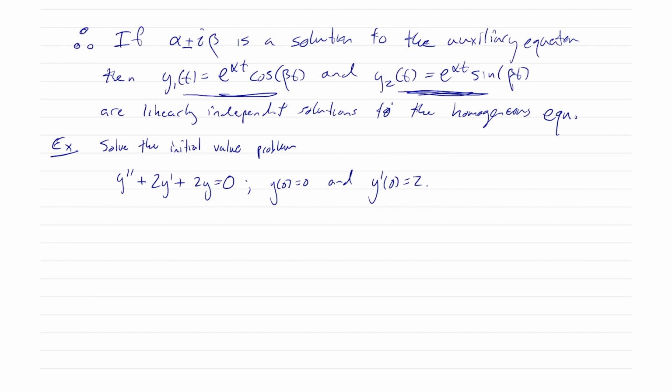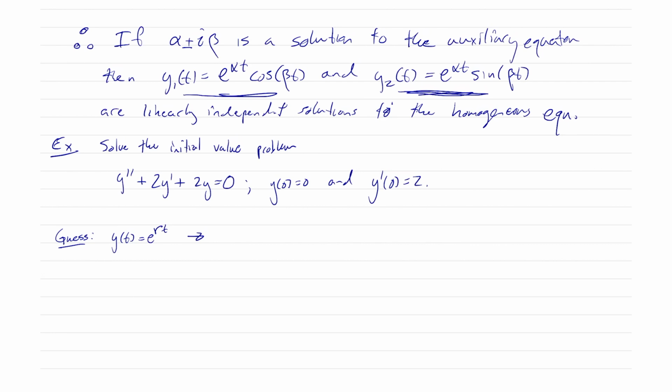So why don't we just go ahead and solve this problem. We're going to solve the initial value problem. This is a second order homogeneous differential equation, and we're going to make the guess of y of t is equal to e to the rt, just like we did in the last section.